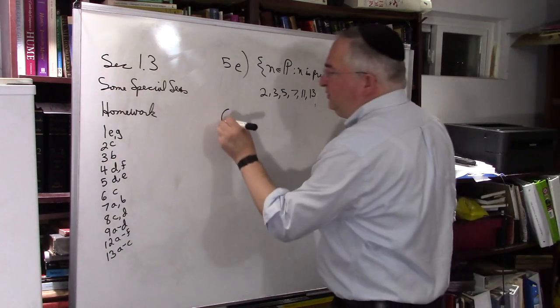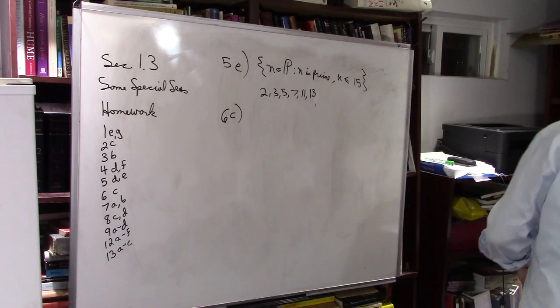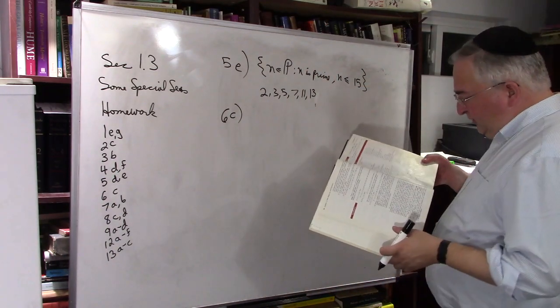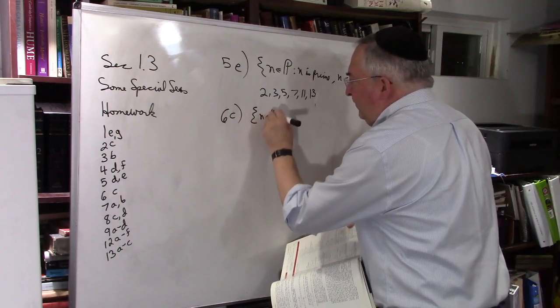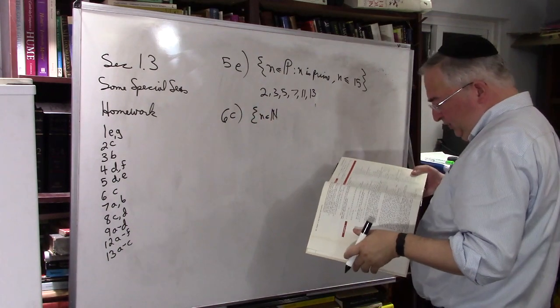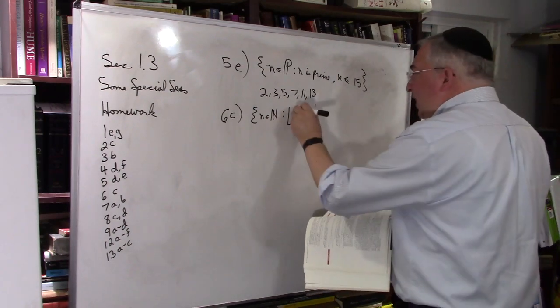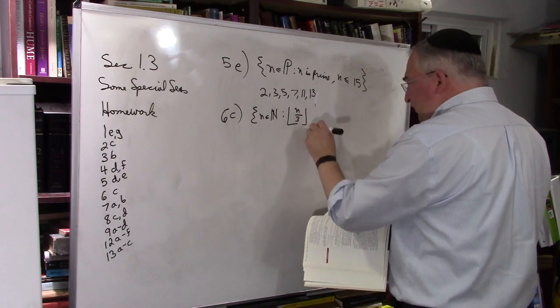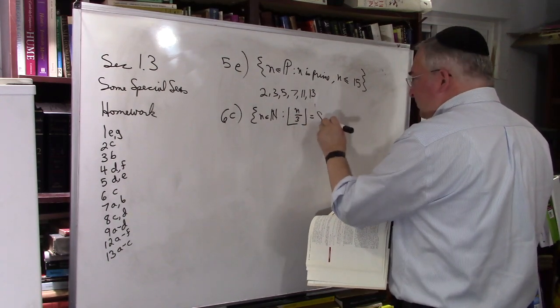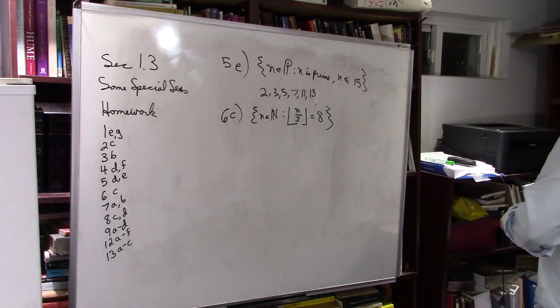Great. Let's do 6C. We're up to here. 6C. n a member of N, such that the floor of n over 3 is equal to 8. Okay, so let's see.